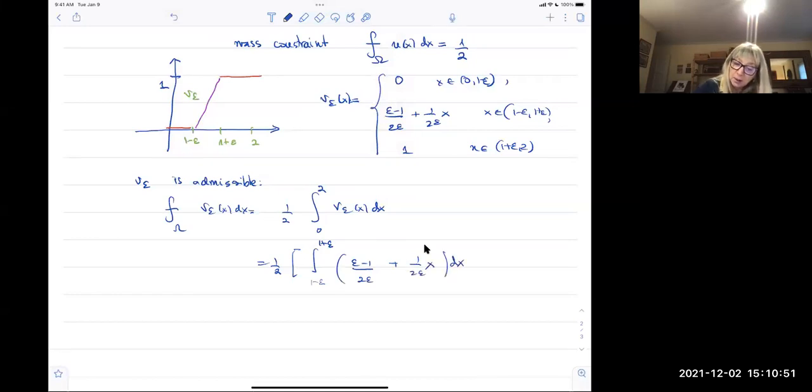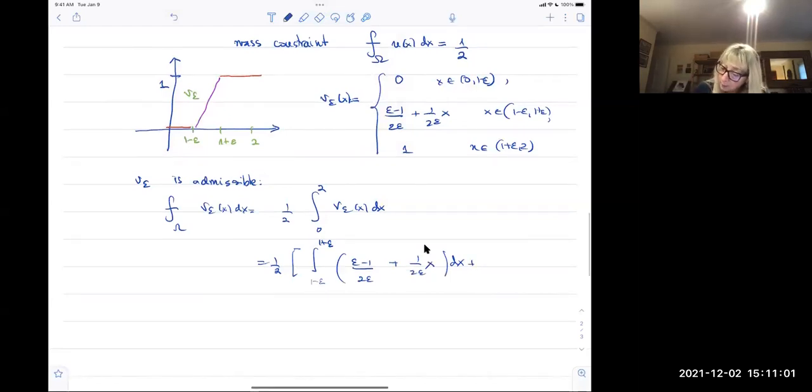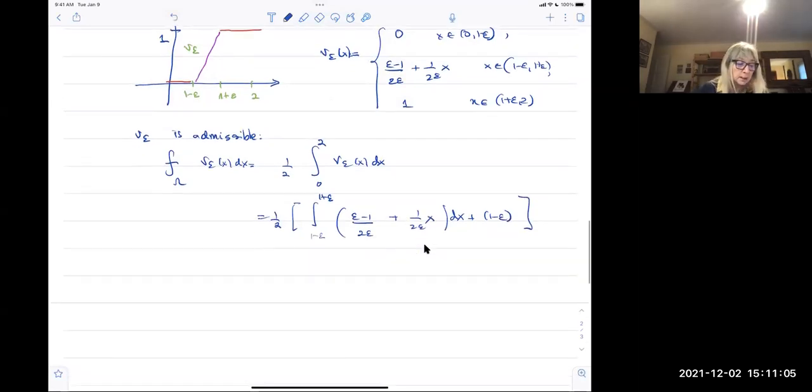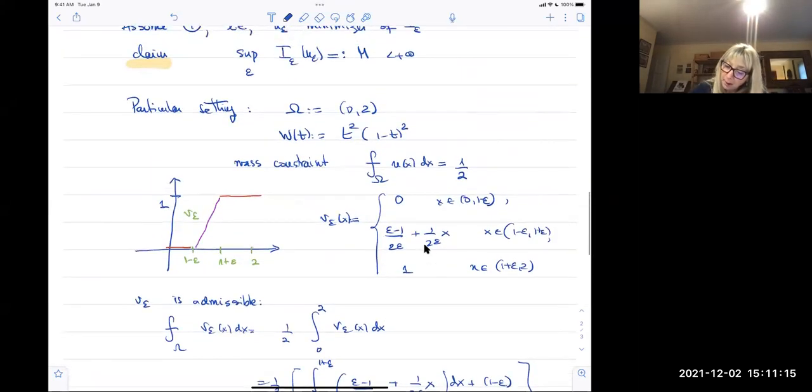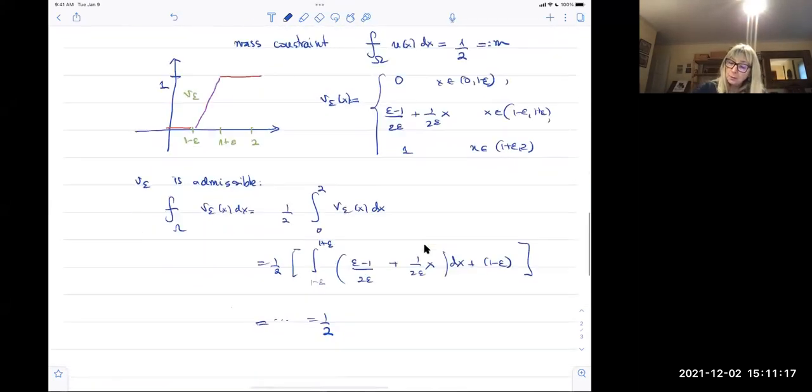And then you also see this part here, which is just the length, 1 minus epsilon, times 1. You integrate these, it's a simple exercise, and what you get is exactly a half. Which was my M, right? So this was my M. So it's admissible.